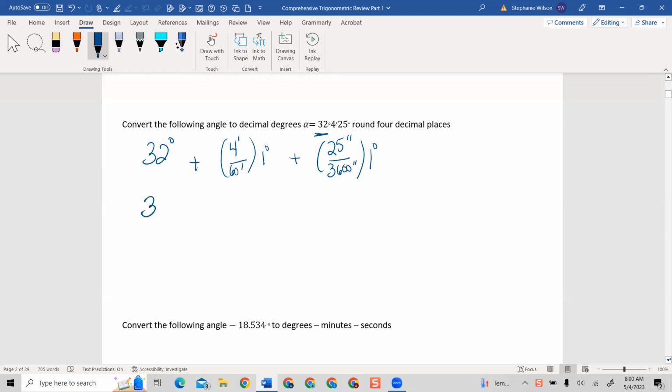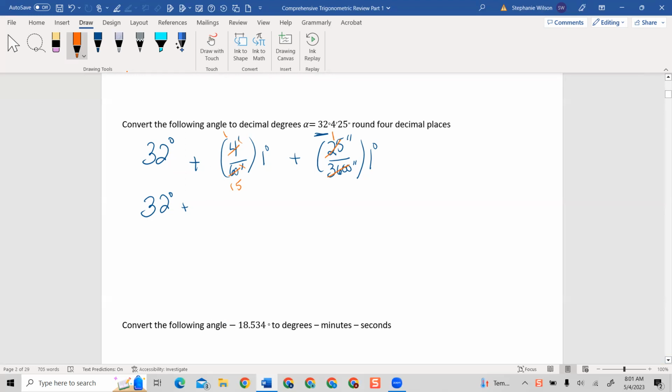So now we have 32 degrees plus, and let's reduce this fraction. 4 goes in itself once, goes in 60 15 times, and of course the minutes reduce down, right? Let's do the 25 goes in itself once and goes into 3,600. I'm gonna double check. We're just gonna make sure. 3,600 divides, I would say 144.